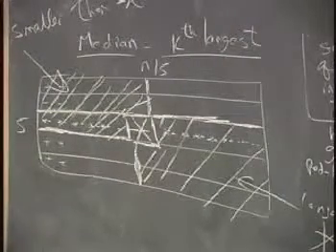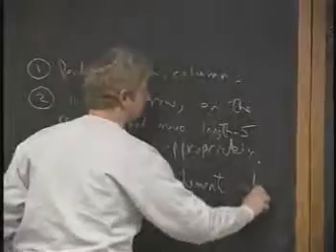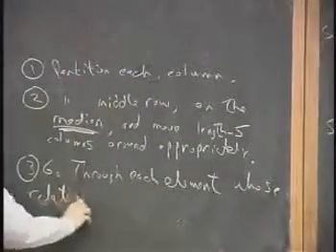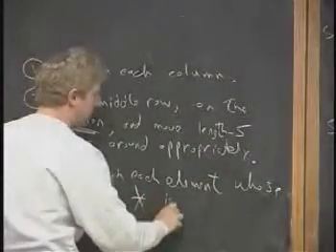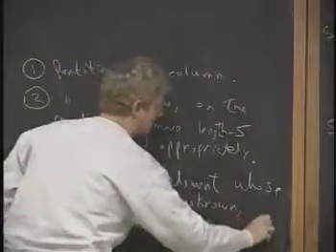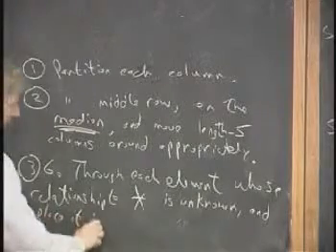Go through each element whose relationship to the big median is unknown, and place it in the correct set.